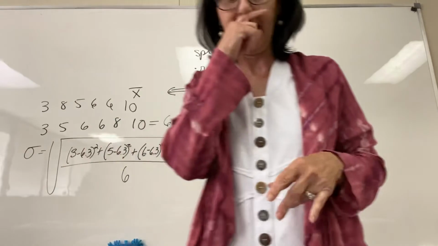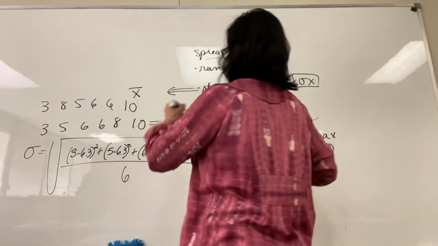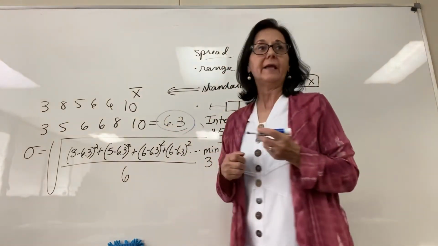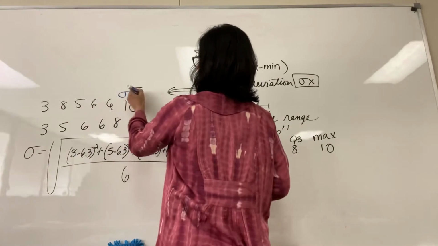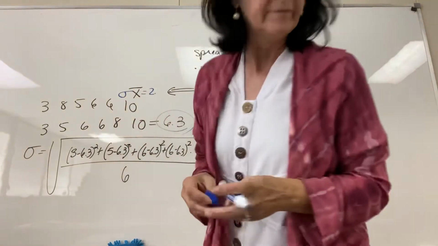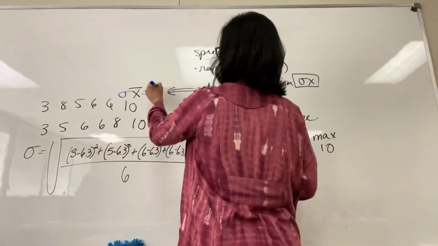And they used a different set of data. All right. So the mean was 6.3. The standard deviation is 2.2. Do y'all see that in your calculators?